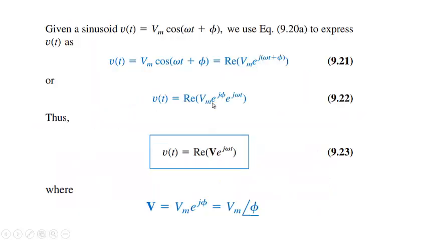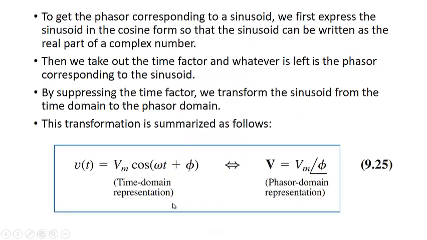That means when we get this, we drop the time factor, and we get this, which is the phasor. By suppressing the time factor, we transform the sinusoid from the time domain to the phasor domain. So when we suppress this time factor, we shift from one domain, that is the time domain, to another domain, that is the phasor domain.